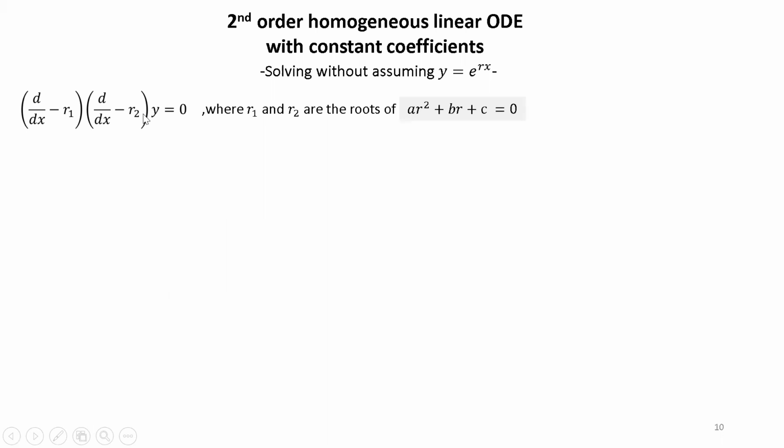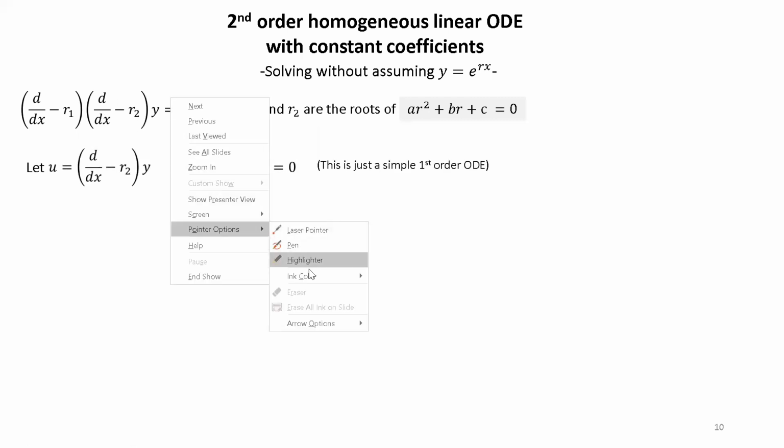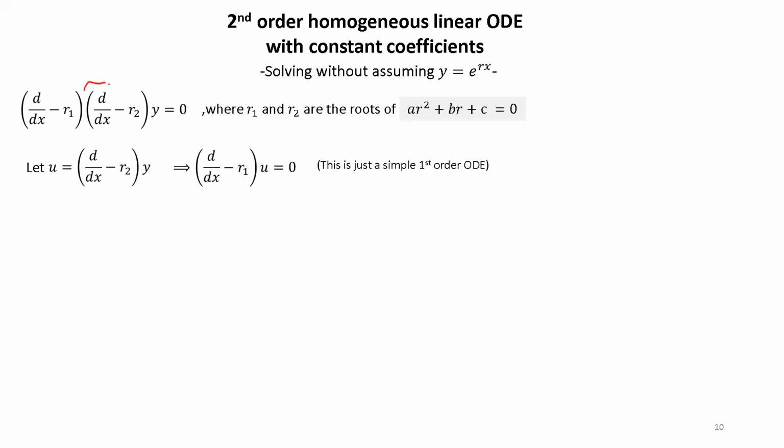Now, the next step is that I let this whole thing be u, a new variable. So then this operator operating on u is equal to 0. This is what I got here.